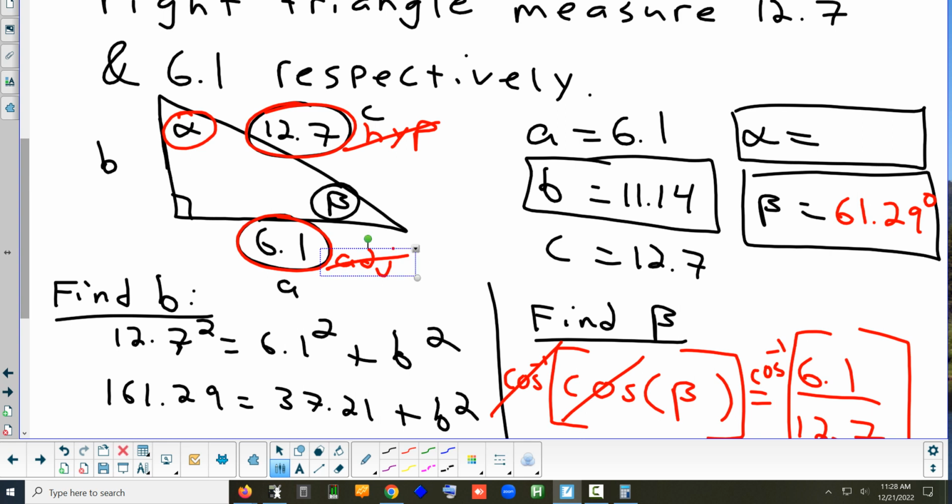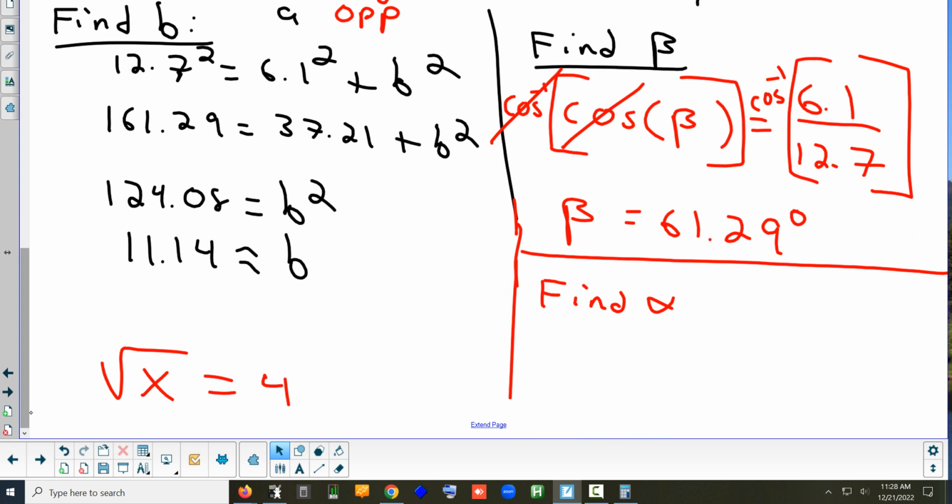What's the bottom one? Opposite. It's opposite. I guess the hypotenuse, that one does stay the same. But the adjacent side is no longer what it was because you switched your angle. So now we need a trig function that uses opposite and hypotenuse.